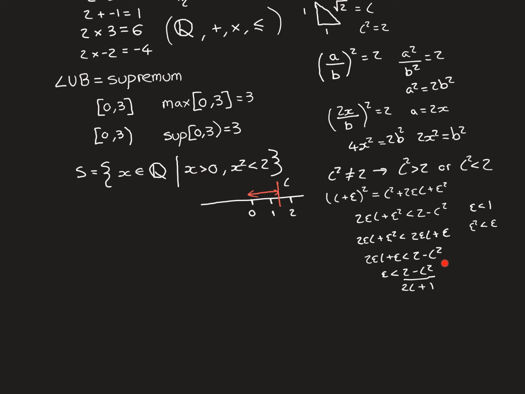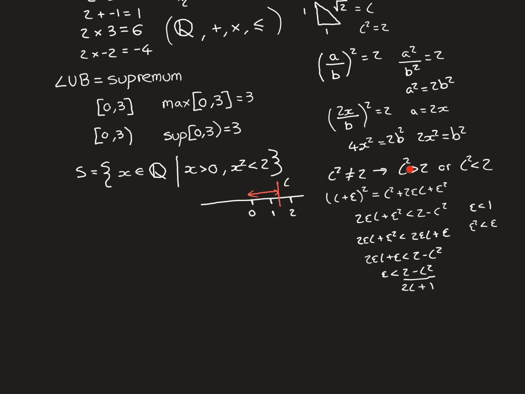So just pick some rational number that's less than this, less than 1 as well. I guarantee you that that L plus epsilon, squared, is going to be less than 2, and therefore it contradicts L being an upper bound because it's still within this set, but it is clearly greater than L. So this cannot be the case. If this were the case, it would contradict L being an upper bound.